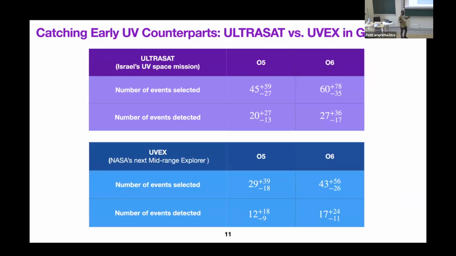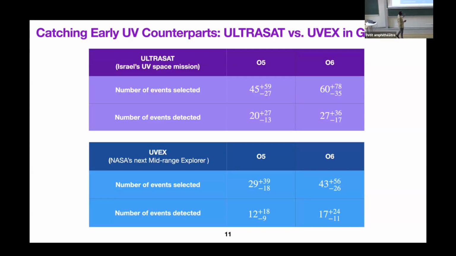Okay, we try to do some statistics in order to compare ULTRASAT and UVEX and evaluate their implications during the next observing scenarios, principally O5 and O6. For ULTRASAT, the number of events selected is 45 and detected 20.